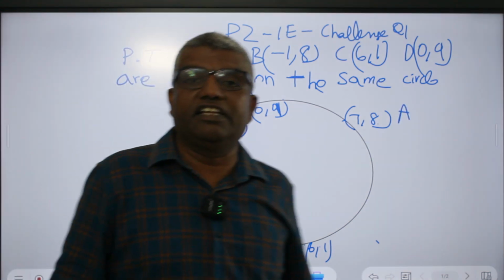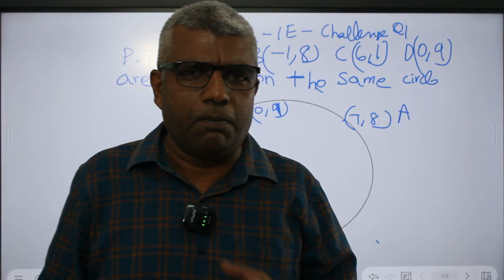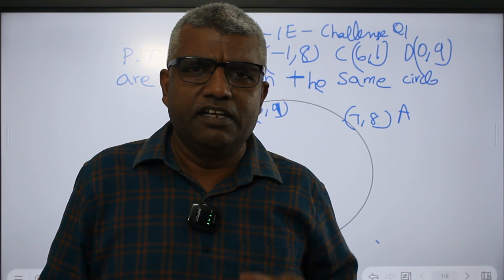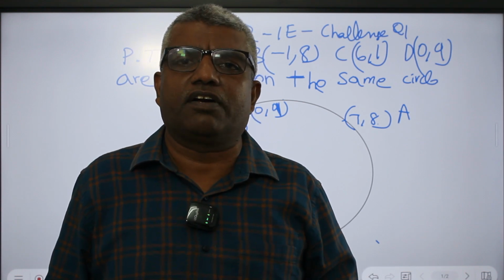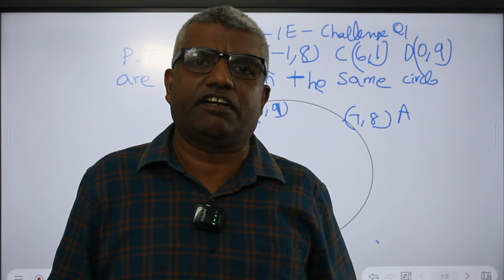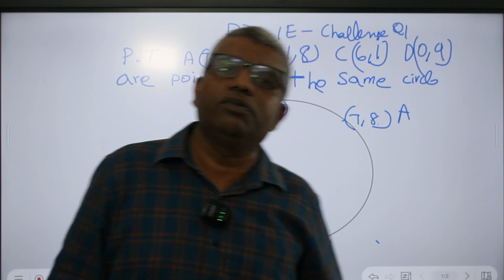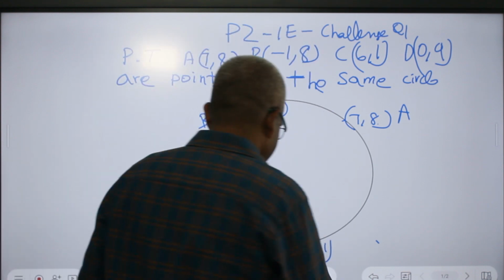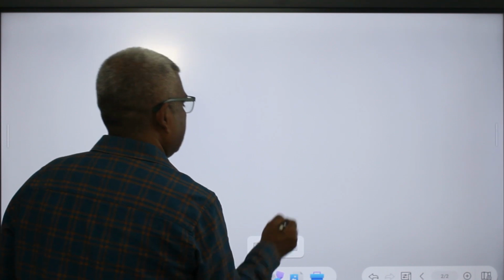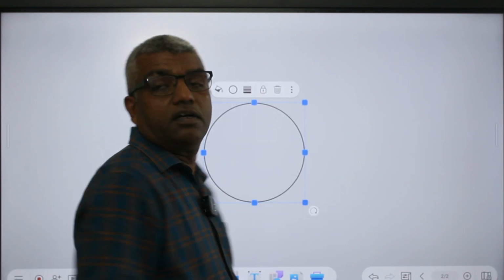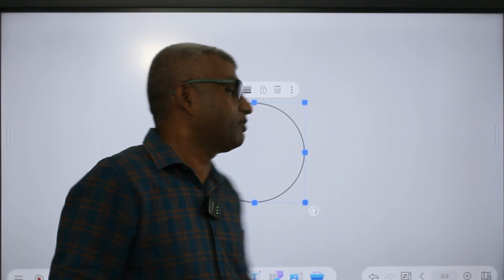Then how to find the center? There is one property of a circle: the perpendicular bisector of a chord passes through the center of the circle.